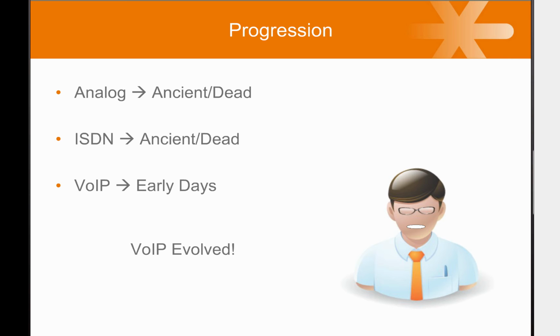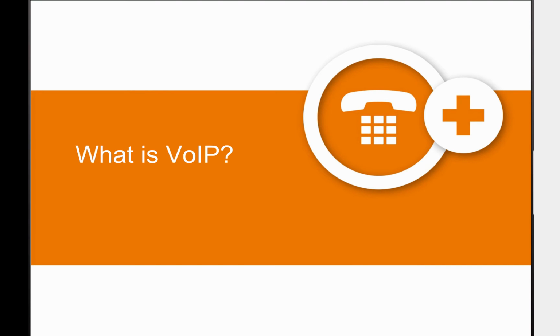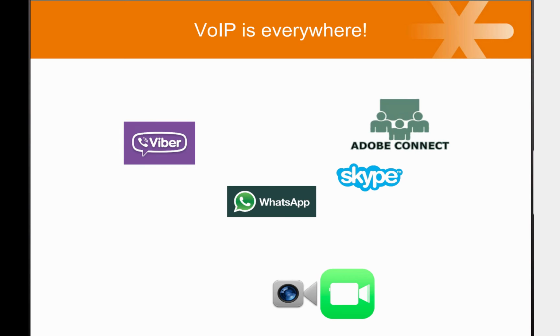We came from analog, we went to ISDN, and then we had VoIP of the early days, but VoIP evolved. So what is VoIP in general? VoIP is everywhere. I'm pretty sure lots of you are already using WhatsApp, FaceTime, Skype, etc. This is all voice over IP.